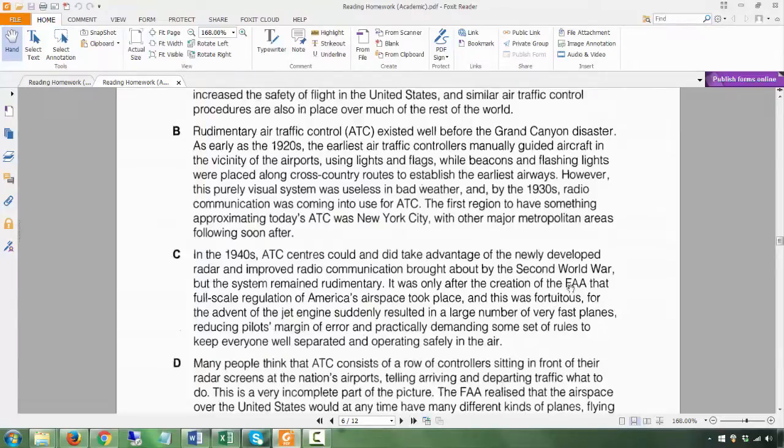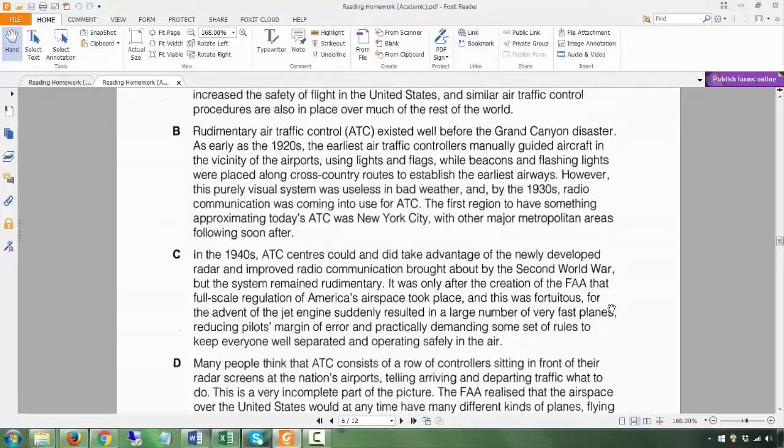Okay, so it was only after the creation of the FAA that full-scale regulation of America's airspace took place, and this was fortuitous, for the advent of the jet engine suddenly resulted in a very large number of very fast planes.